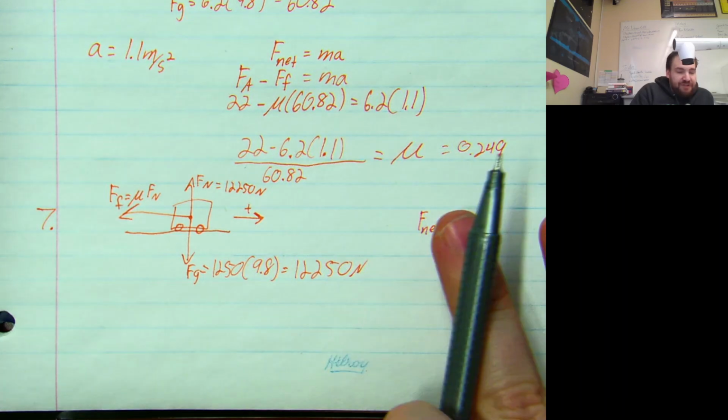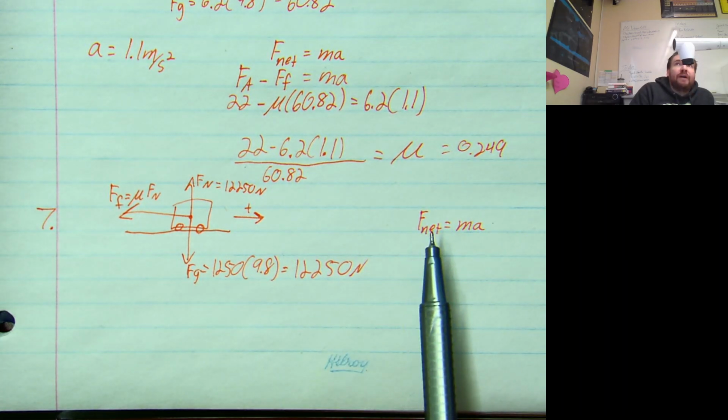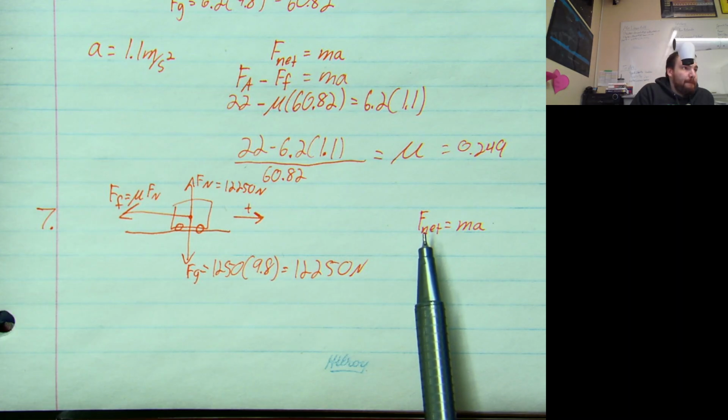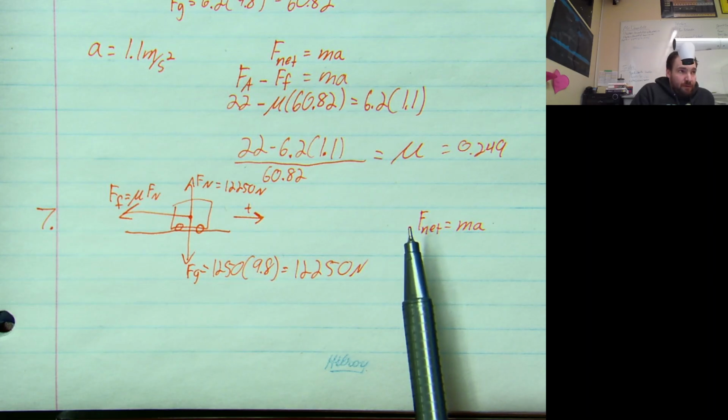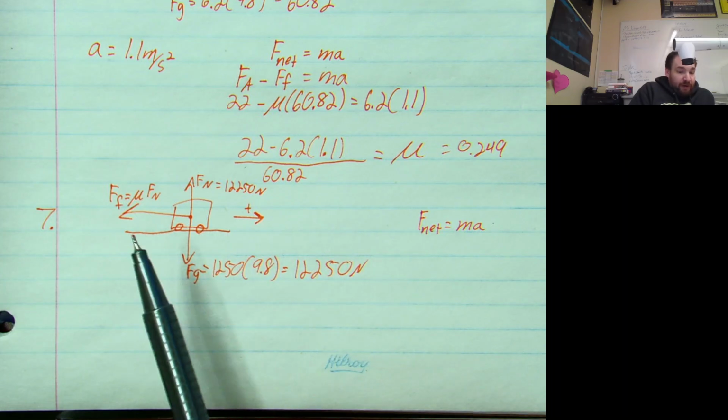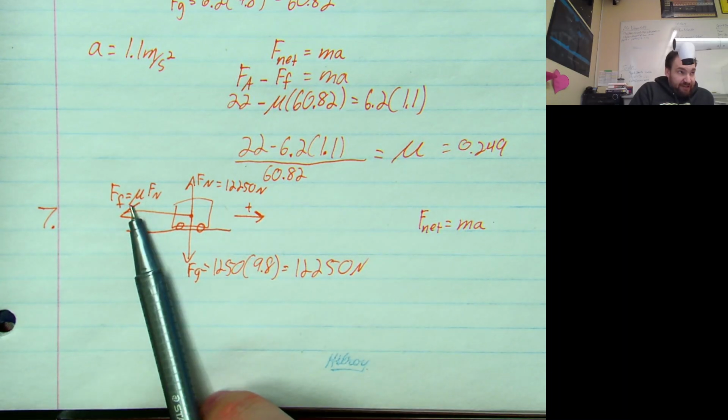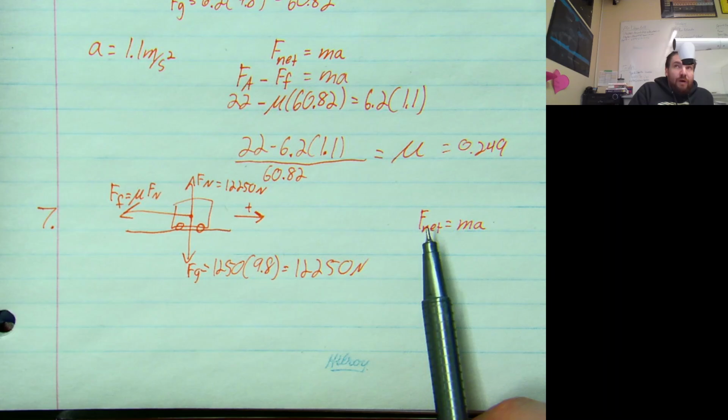Everything we do in this chapter starts here. So then what is the sum of my forces acting in the direction of motion? Friction's the only one. We said to the right was positive. Friction is acting to the left. So what am I going to put here for F net?